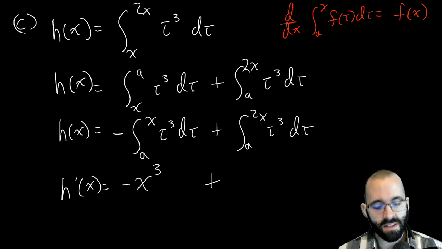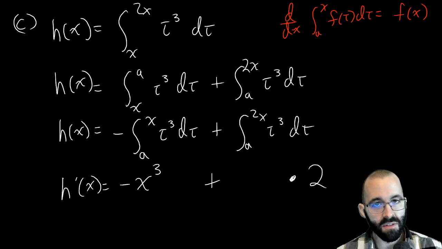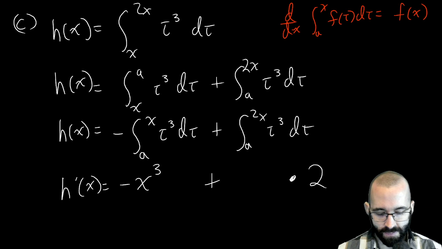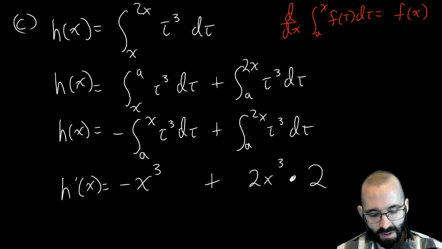And here, this is going to be very similar as well. Okay, we're just going to need the chain rule. So we'll plug in that 2x and multiply by the derivative of 2x, which is just 2. So if we plug that in, that's just 2x cubed, right?